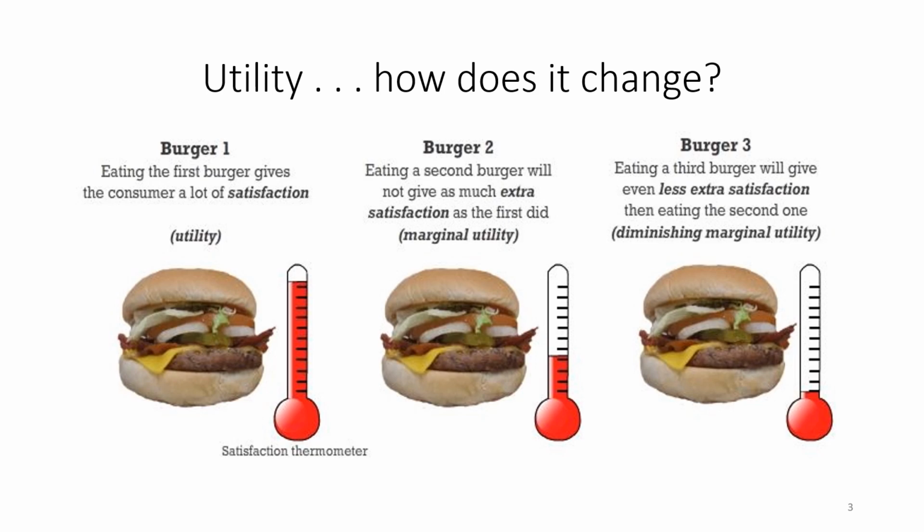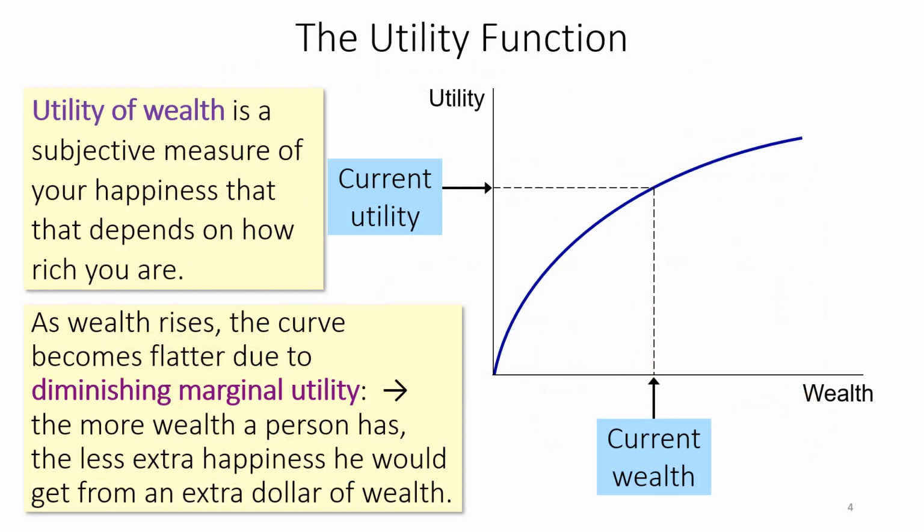Right? We can model this formally. As you can tell from the shape of the curve, this is for a risk-averse person. Now, look at the graph here. The x-axis measures wealth, how much money this person has.